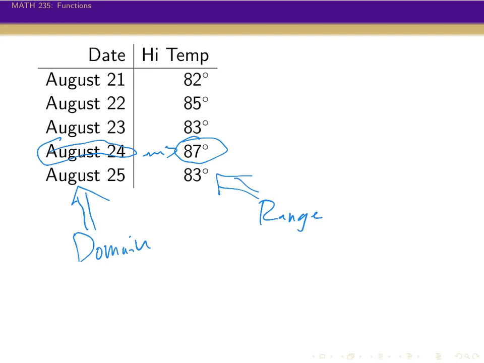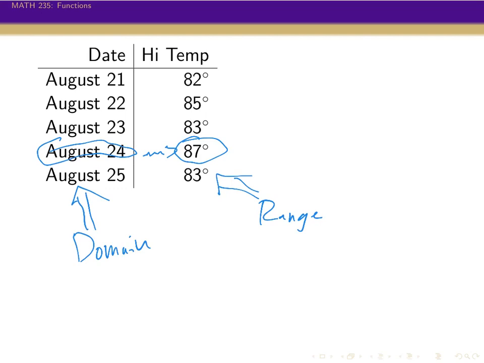Okay, now could we think about this backwards, flipping the high temps and dates? Can we think about the high temps as representing a domain and the dates representing the range for a function? If we plug in a high temp, will there be one date and only one date associated to that?